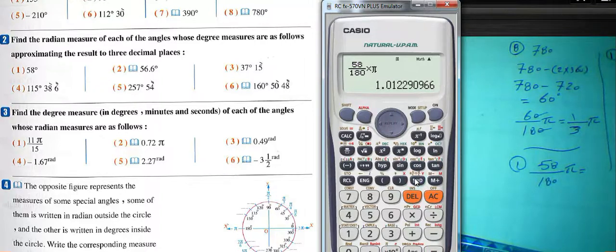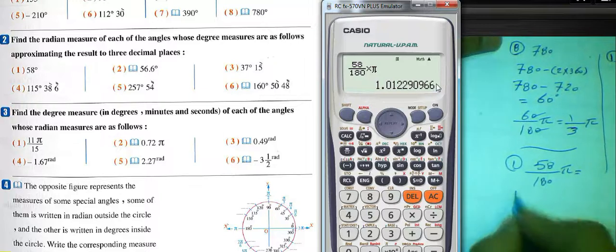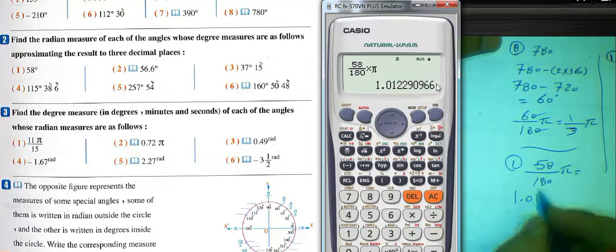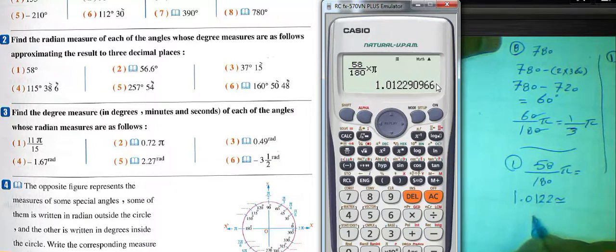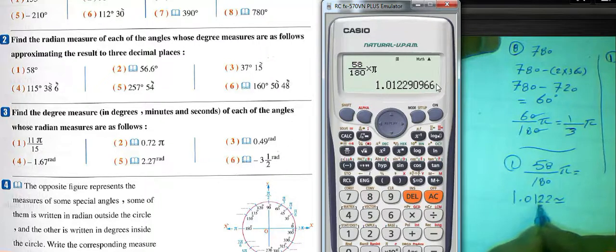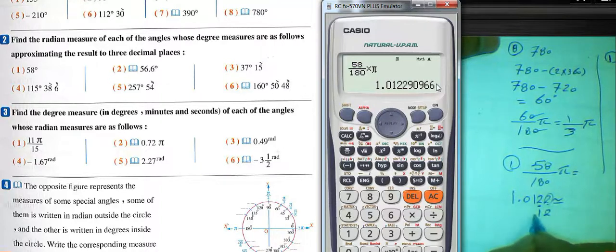You can convert it, and the result will be 1.0122, approximated to 3 decimal places. Look at the digits: 1, 0, 1, 2, 2. The last digit 2 is less than 5, so it can't raise the previous digit, and the result will be 1.012.